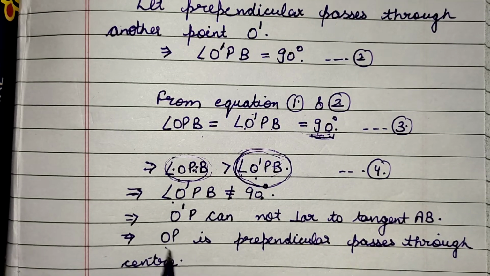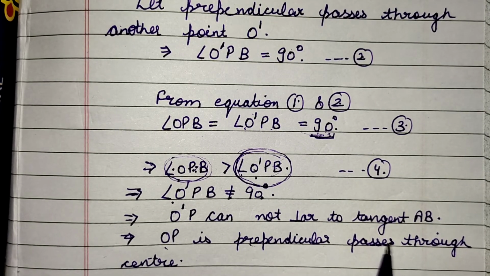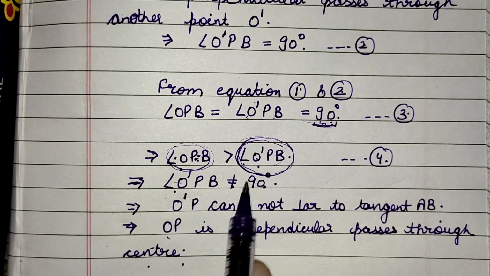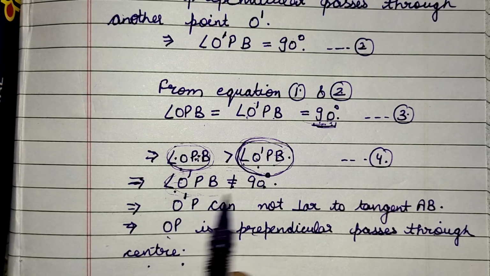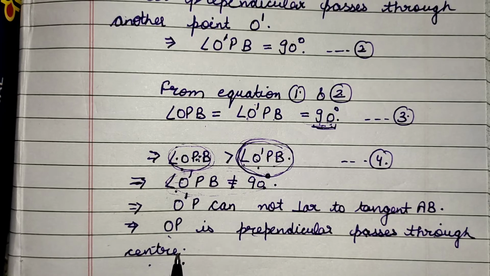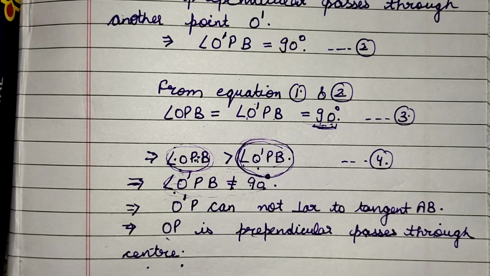That means my OP is the perpendicular which is passing through the center, because for any other point this angle cannot be equal to 90, and to be perpendicular on any line the angle should be equal to 90 degrees.